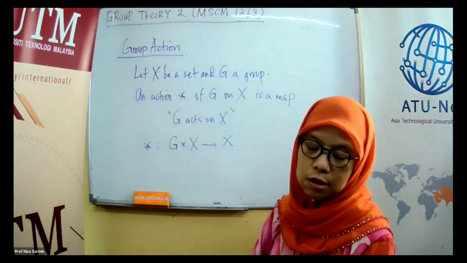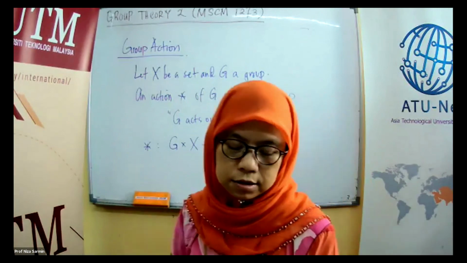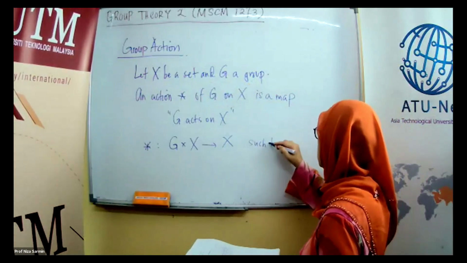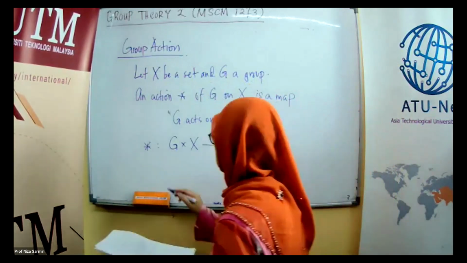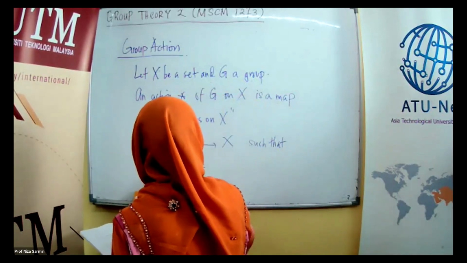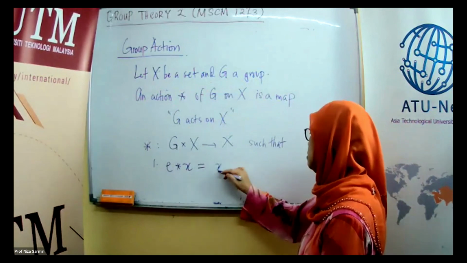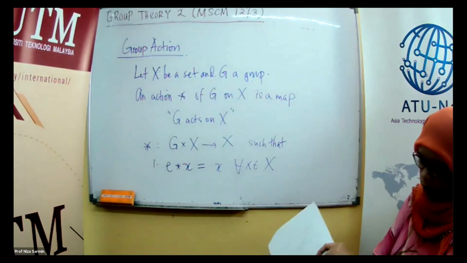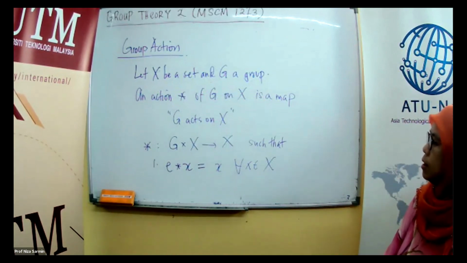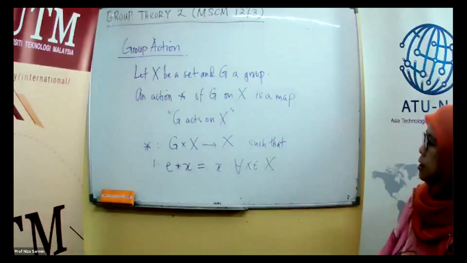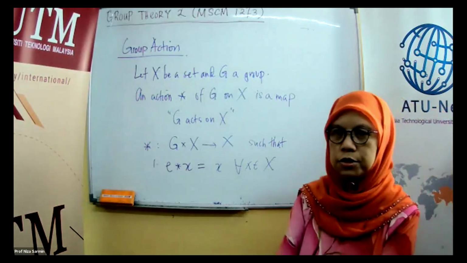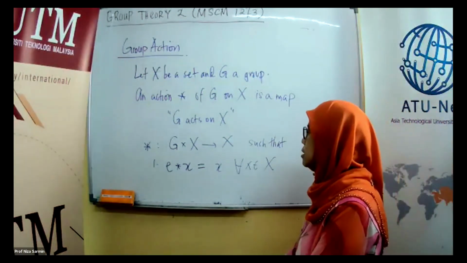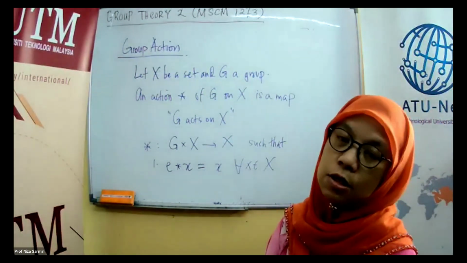So here is G cross X to X. Then it has to satisfy this, such that e star x is x. The action of the identity to x does not change x.